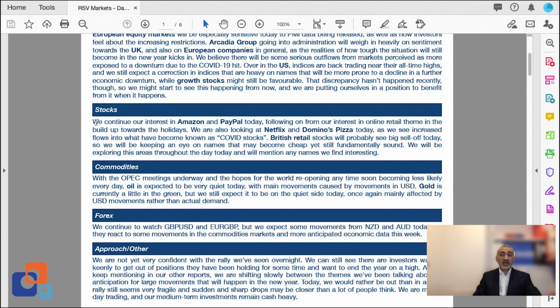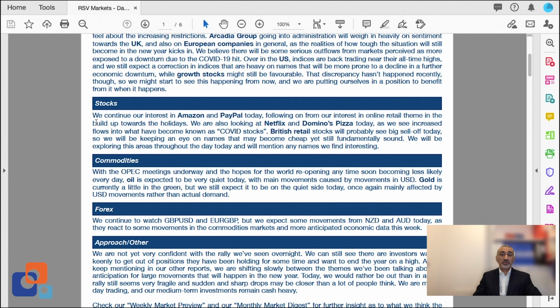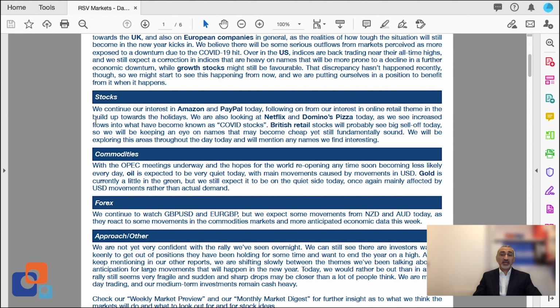We talk about these from both an investment point of view as well as trading, if we see opportunities for the day. After that, we talk about commodities, and we mainly focus on oil and gold every day. This is then followed by our take on forex and which pairs we would be trading on the day and any specific events that may be affecting them.